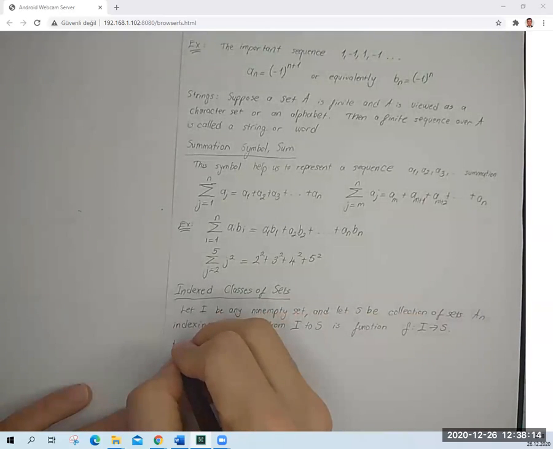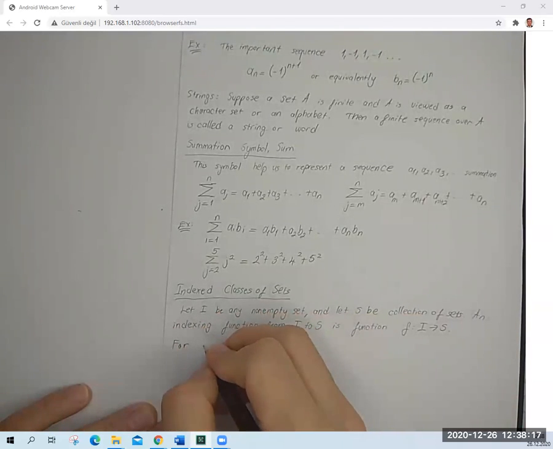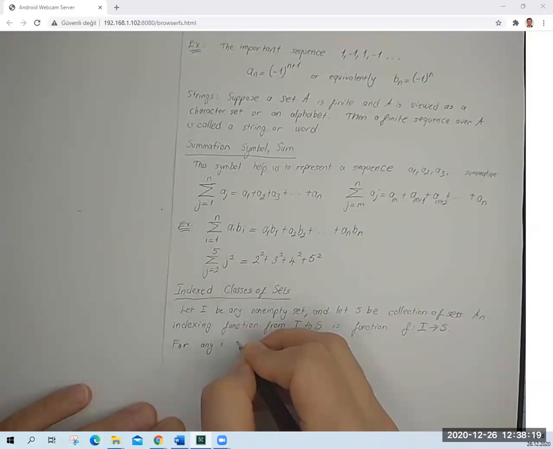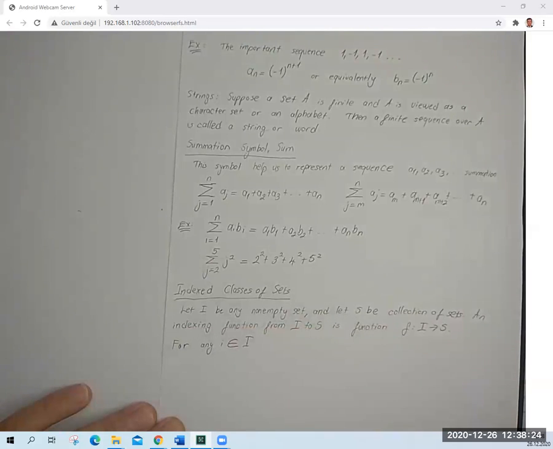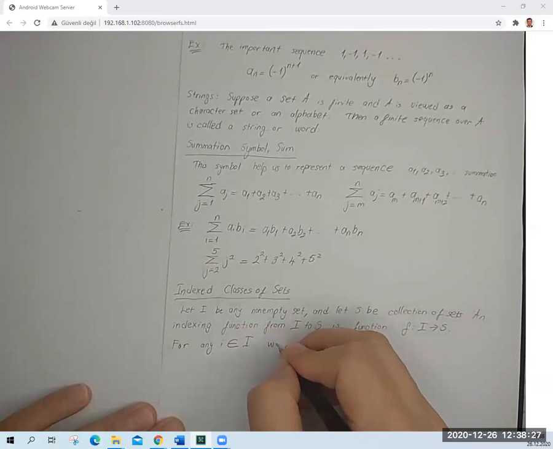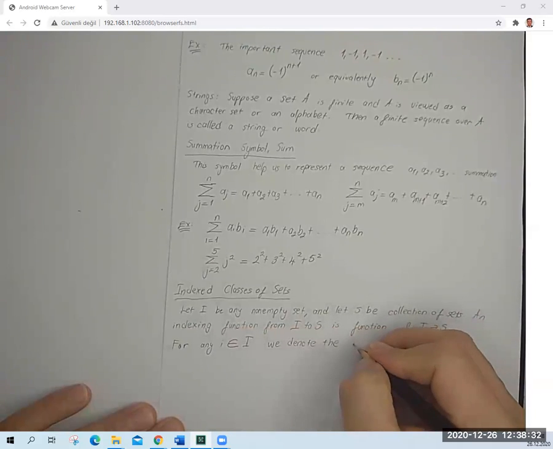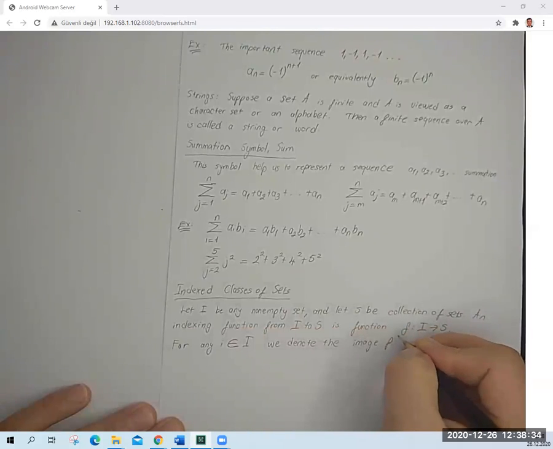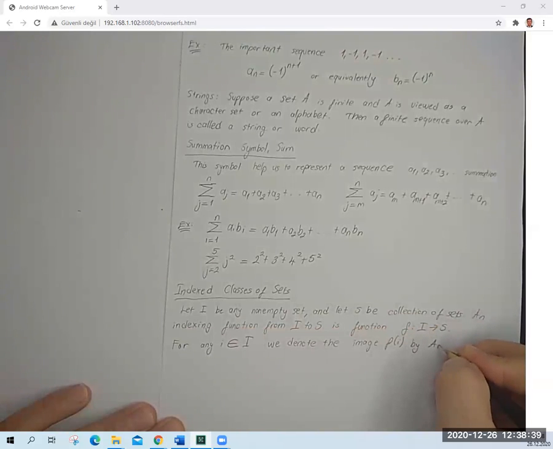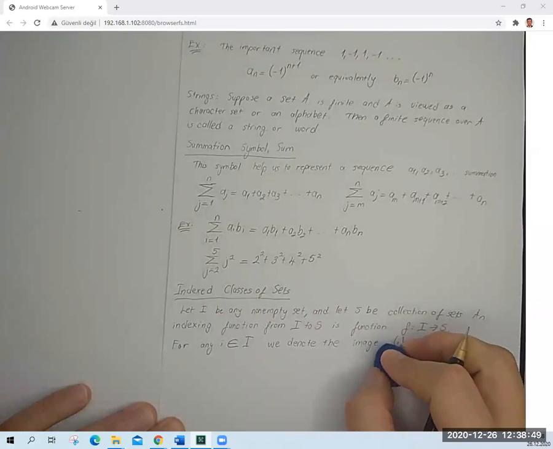And for any i that is an element of capital I, we denote the image f(i) by a sub i. So this is the indexing function.